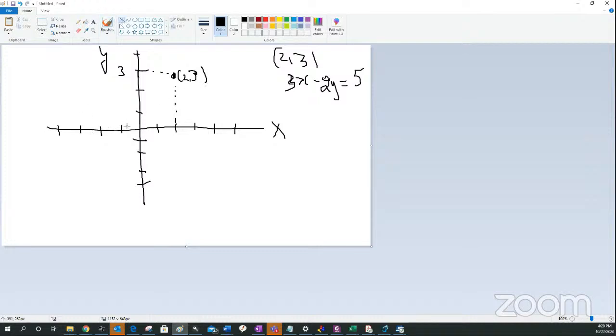Your line will look something like this. The other line you can also give values to, different values for x and y. The graph should look something like that. This one would be your 3x minus 2y equal to 5.